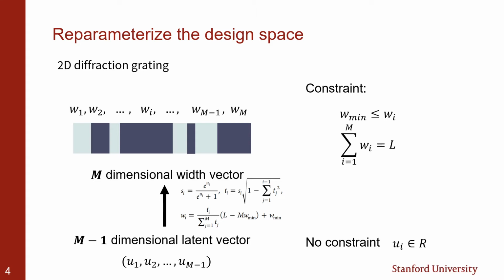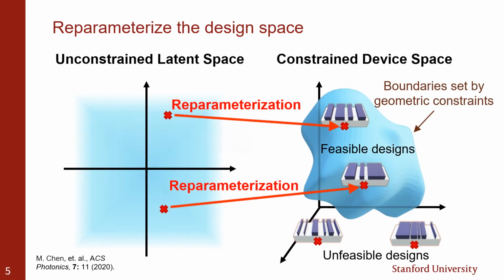And with some simple math tricks, we can further reduce the design space into independent parameters and get rid of the constraint. So to summarize the idea, we initially define devices in latent space free of constraints, and then transform these devices to a physical device space with hard constraints using analytic and differentiable mathematical transformations, which we call reparametrization.